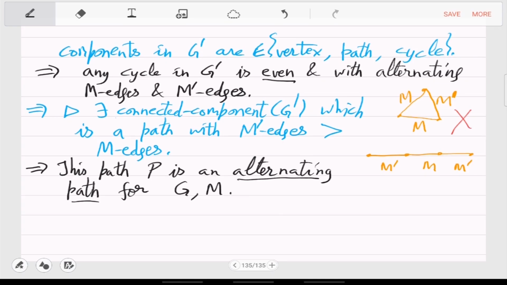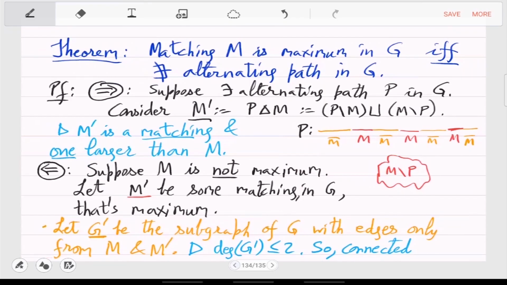So this is potentially an algorithm that you can code. Once you learn in algorithms how to find connected components, it will find you a path. This is completely codable and it's very fast. So this will give you how to go from M to something bigger via an alternating path.